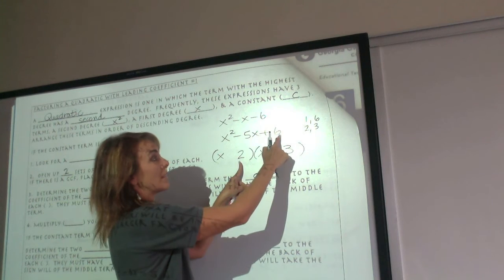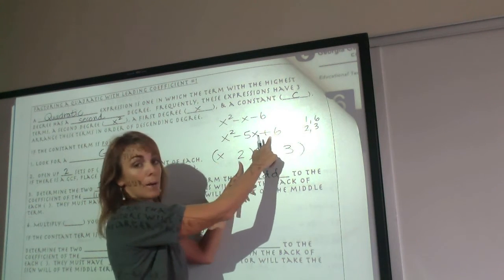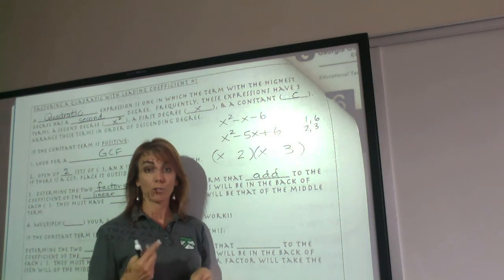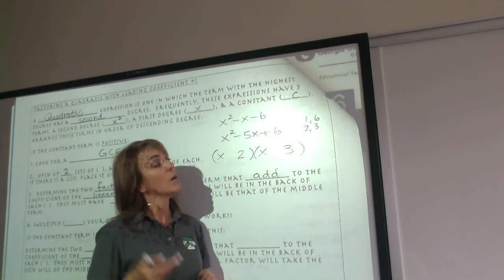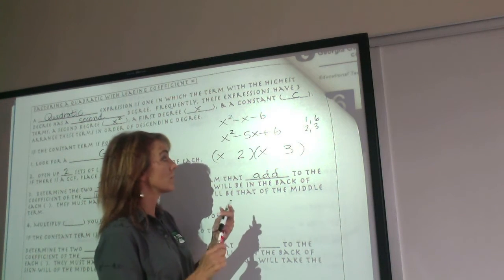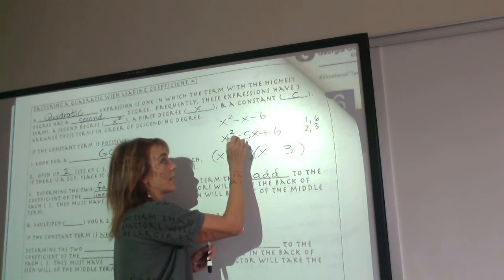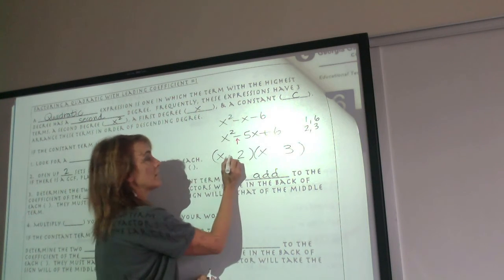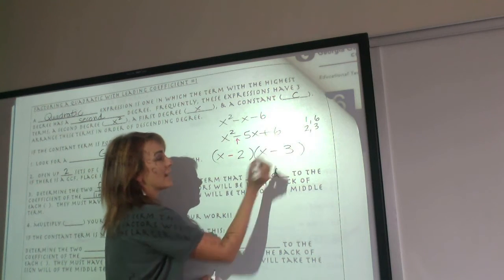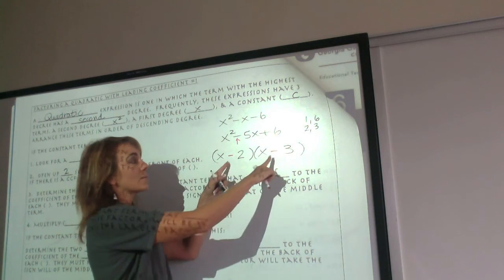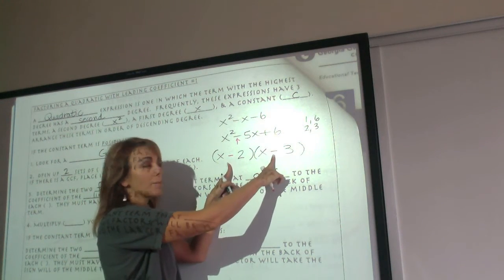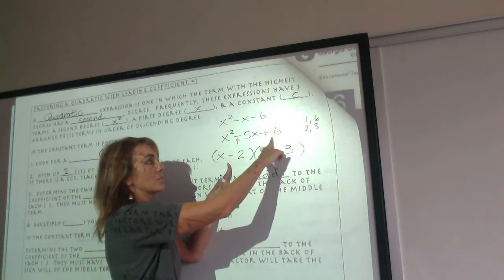We know that to get something positive out here and multiply together, it can be either 2 positives or 2 negatives. What we're always going to do to determine what signs go in the parentheses is look at this sign right here. And that's going to determine the signs in the parentheses. These signs will always have to be the same to generate a constant term that's positive.